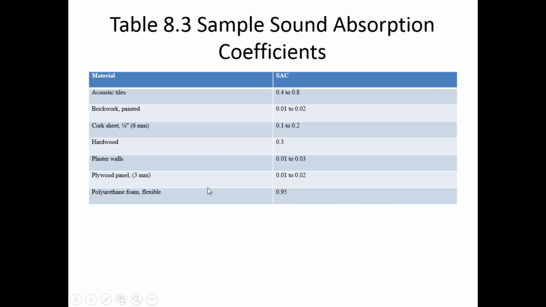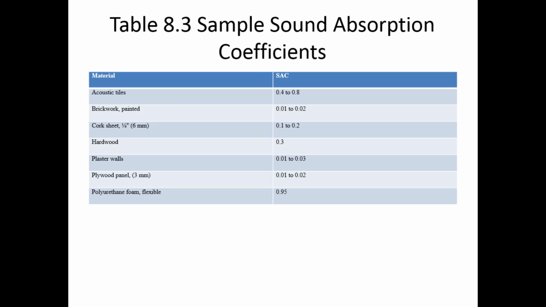And I'm not going to cover everything so fully tonight because we have a lot to get through, but this will act as a really clear outline of your reading, and then it does supplement in quite a bit of material. So here we have table 8.3 from the book with sample sound absorption coefficients.